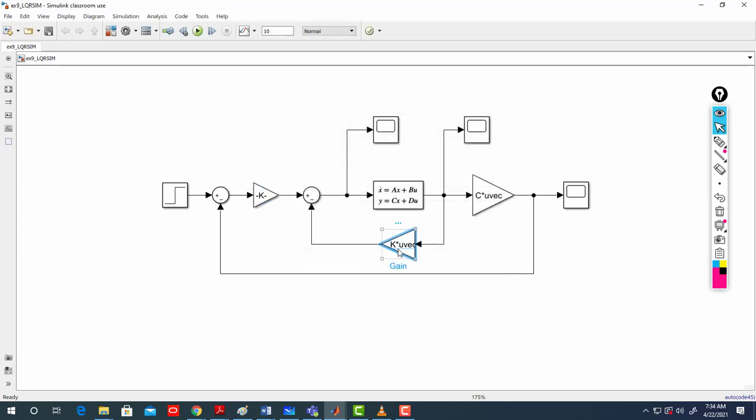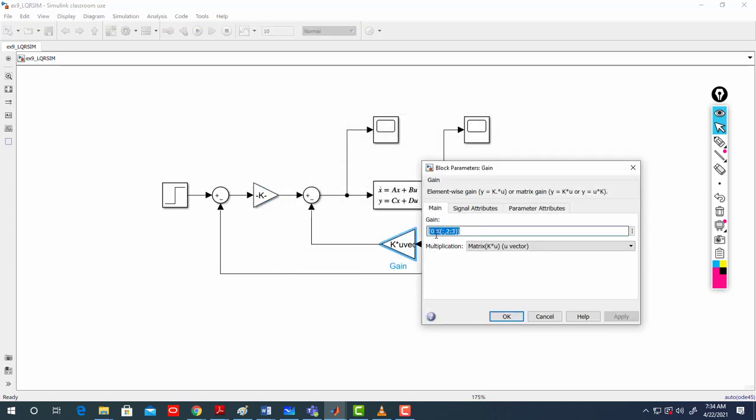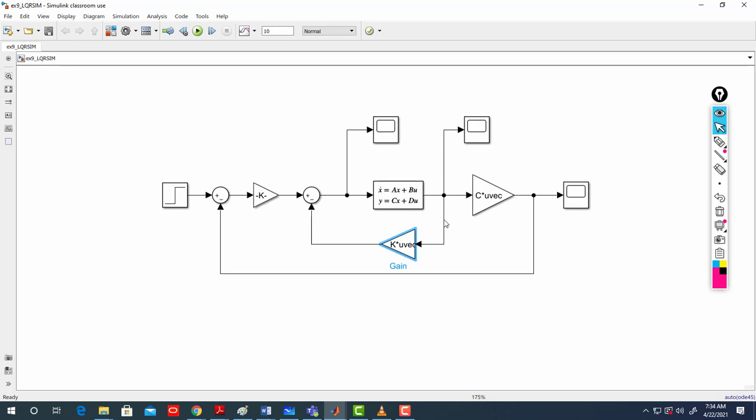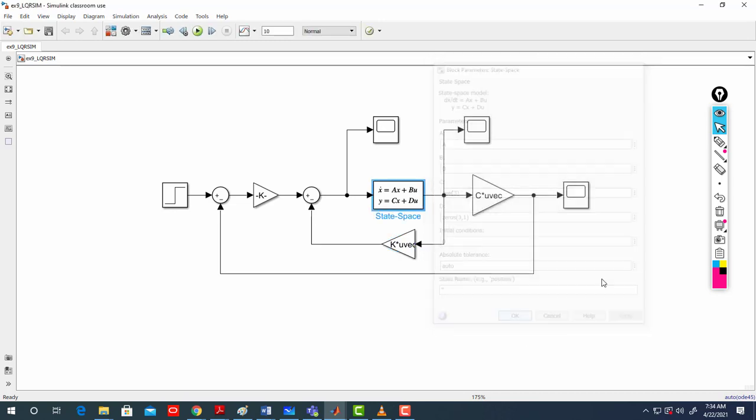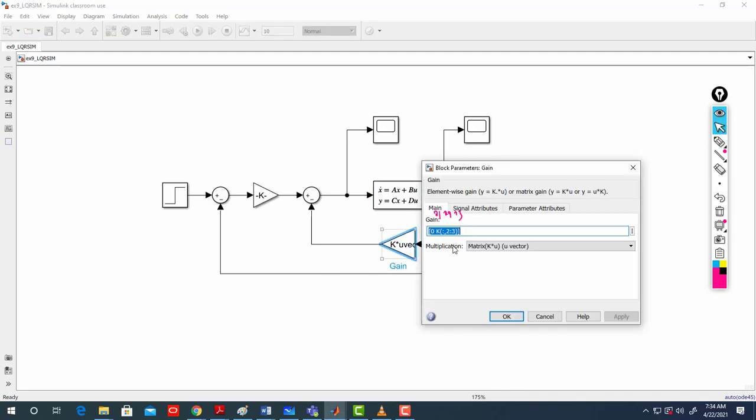And I define this way, 0, nothing here, 0 and K2, K3. Why did I put 0? Because here I have 3 states and I'm feeding all my states. So you are feeding actually x1, x2 and x3, but because you are putting 0 for x1, it is as if you are not feeding it.